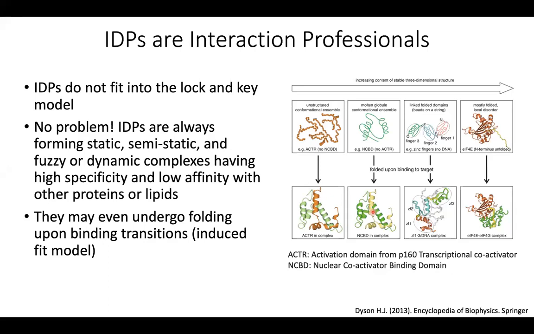That helps them to interact with multiple other partners, which would not have been possible if the structure was the same. Are there any questions, or if not, I can move on.